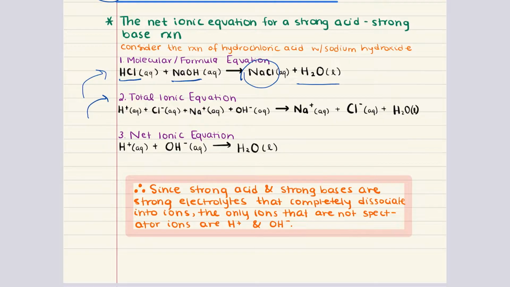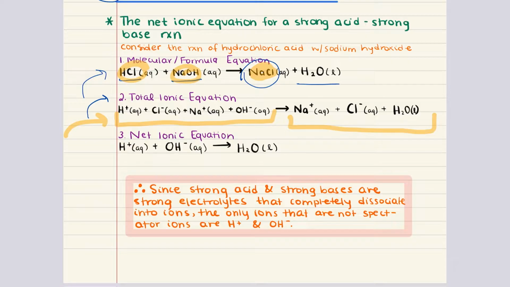Here, both the strong acid and the strong base will completely dissociate in water. So we can go ahead and write them in their dissociated forms like we see here. Now, sodium chloride is also a soluble salt, so we can write that in its dissociated form as well. And this is what we get as our total ionic equation.